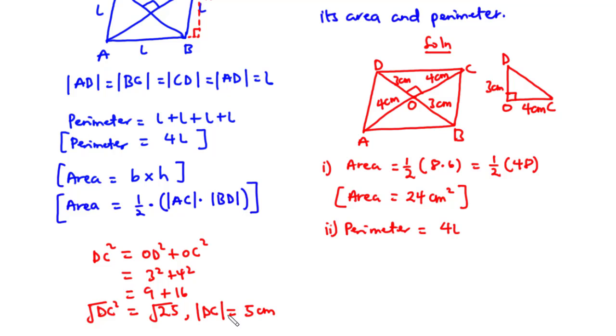So this is the side DC. Now, if DC is 5 centimeters, it means that AB, BC, and then AD are also 5 centimeters. So the perimeter is basically 4 times 5 centimeters, which gives us 20 centimeters. So we have the perimeter to be 20 centimeters.